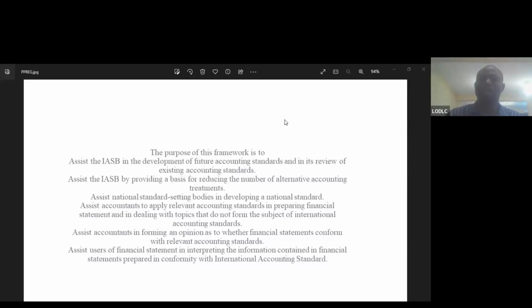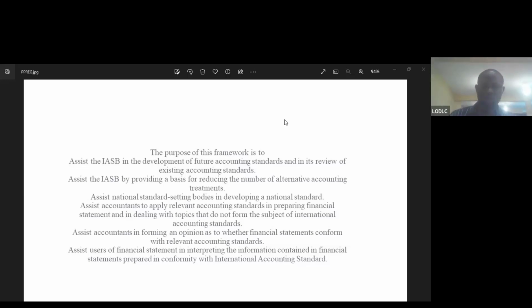For instance, if you want to prepare a financial statement for a company, once you supply the required information to the AI platform, whatever you request will be provided. But I don't think AI can provide judgment for an organization. That is why we still need accountants. Accountants are still relevant in every organization.